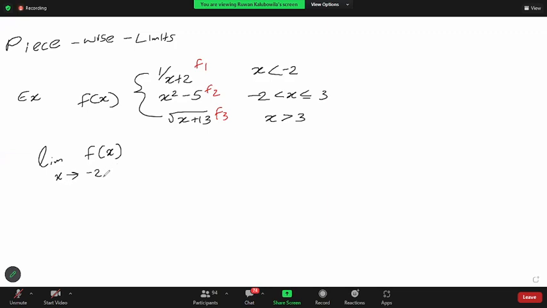You have to come from the left hand and the right hand. If the limit exists, then these two are equal. If not, the limit does not exist at that point. That's the very basic concept of the limit. So let's do that for this, right? First we have to look at the limit of f(x), right?